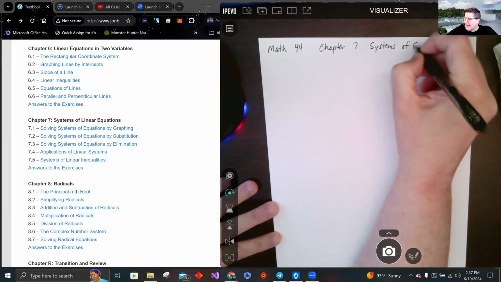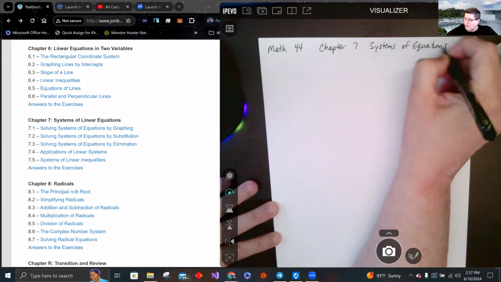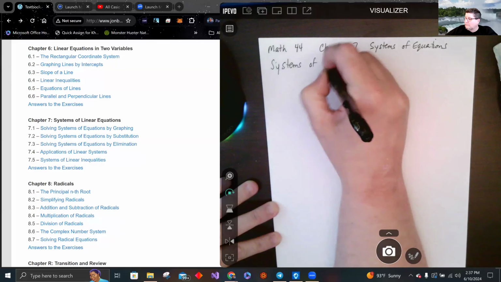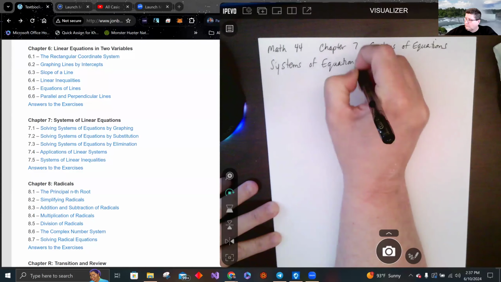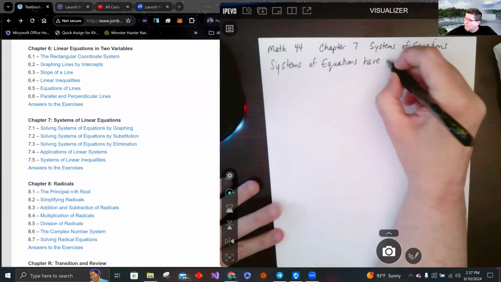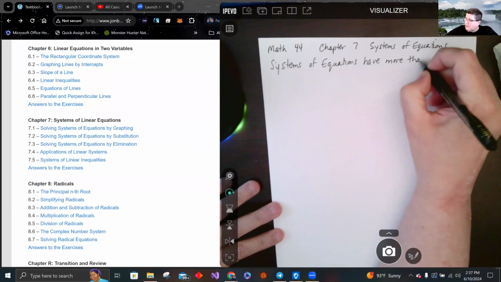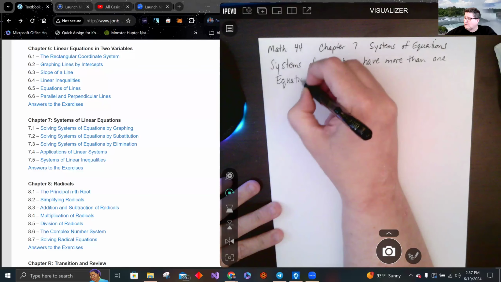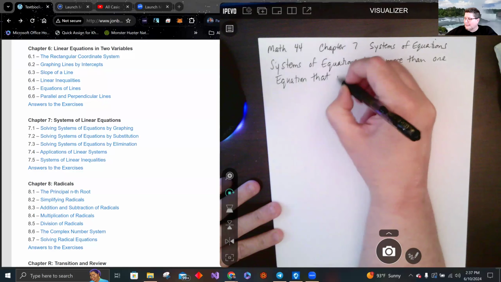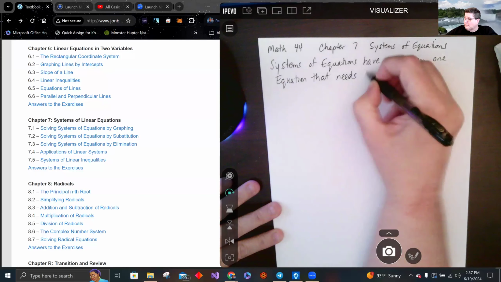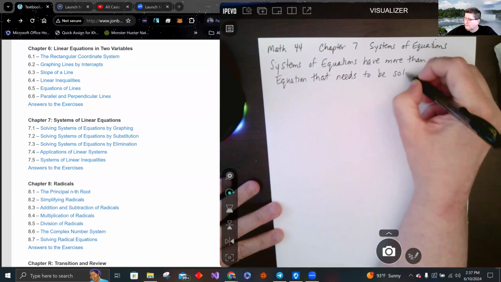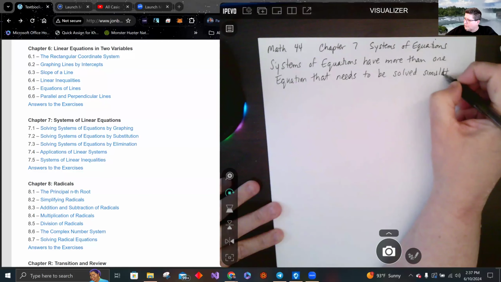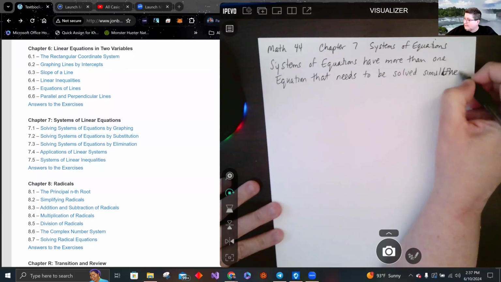Systems of equations have more than one equation that needs to be solved simultaneously.